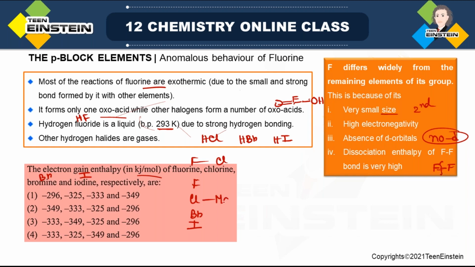Actually, it is maximum for chlorine, but as you are moving down from chlorine to bromine to iodine, or you are moving in the upper side, chlorine to fluorine, in both cases it is decreasing. And when I am saying decreasing, it actually means the numerical value. Otherwise, there is always a negative sign because it is an exothermic process, energy is released. But when we are saying high, that means you have to focus only on the numerical value. Now, if you look at the options 1, 2, 3, 4, in which option can you see the maximum numerical value for chlorine? Can you tell me, please?